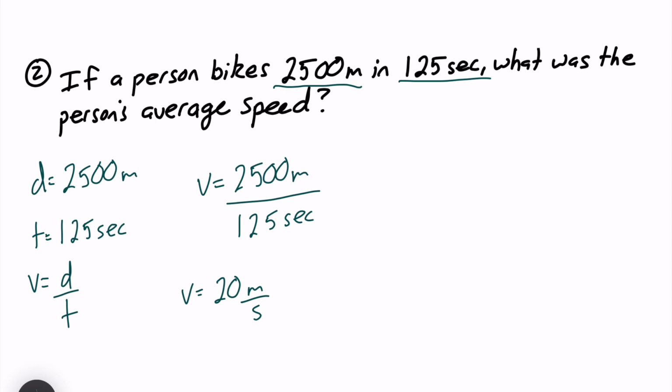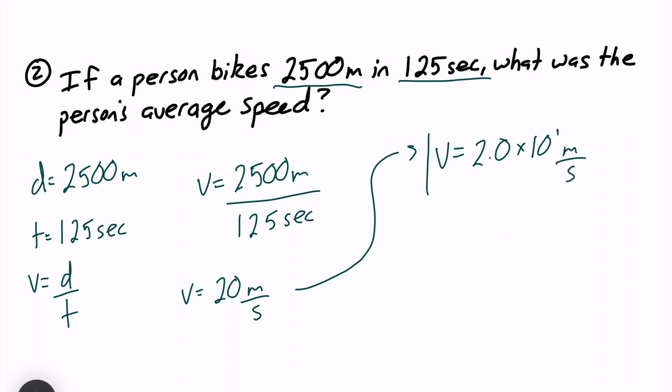If we are taking a look at sig figs, we can say that our speed, we'll write it in scientific notation actually, is 2.0 times 10 to the 1 meters per second. That just makes that 0 accurate. It is not a rounded 0. So that looks good to me. That's our average speed for that biker.